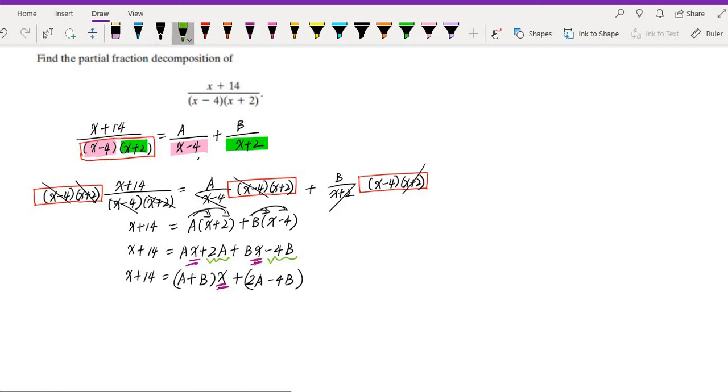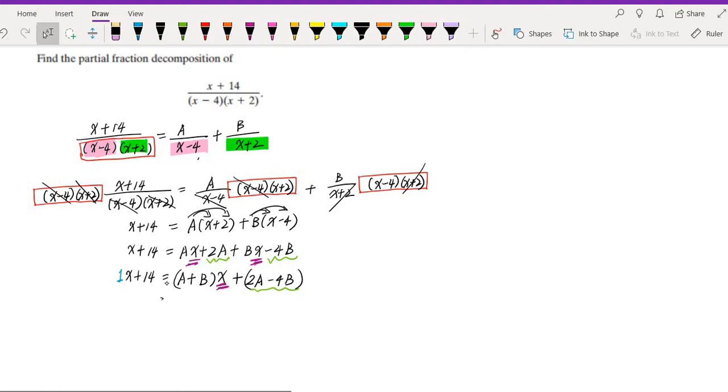I'm going to use the green color for this. Now we're going to look at the left side, and we also look at the right hand side. On the left hand side, what is the coefficient for our x? It's actually just going to be 1, because that's the invisible 1 right there.